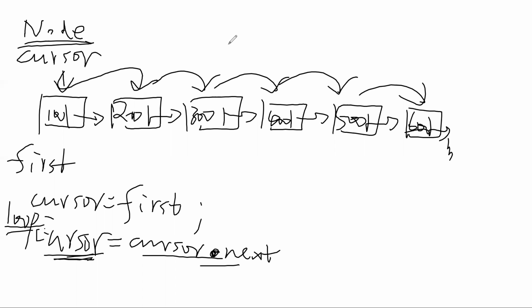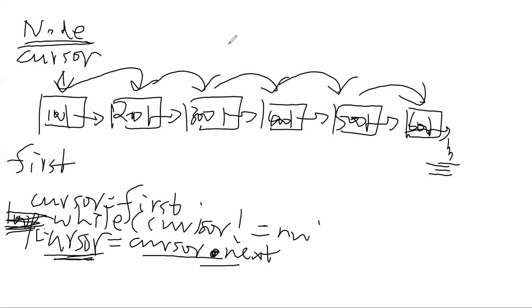And when can you end? Generally speaking, over here the loop is: while the cursor is not a null node, you always do cursor equals cursor's next.